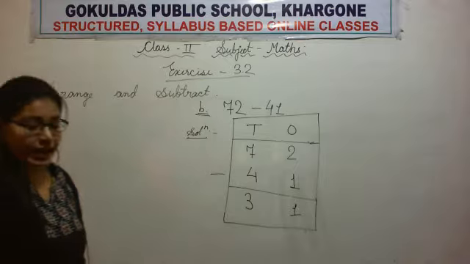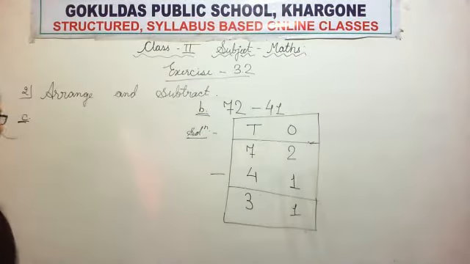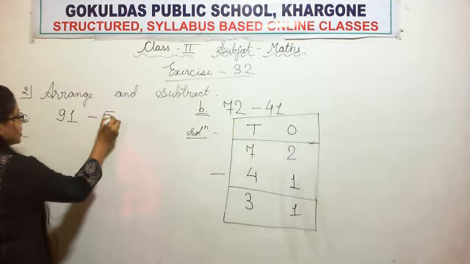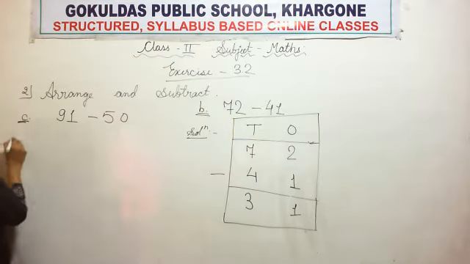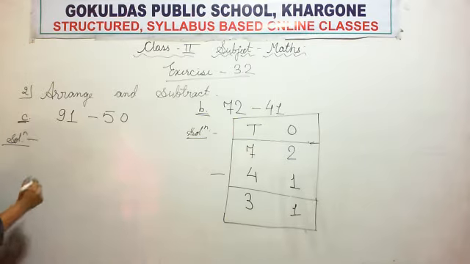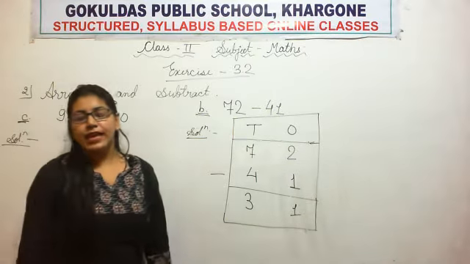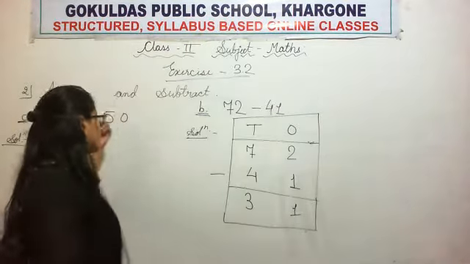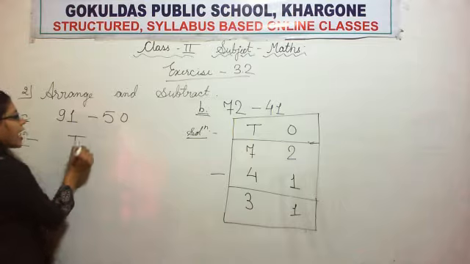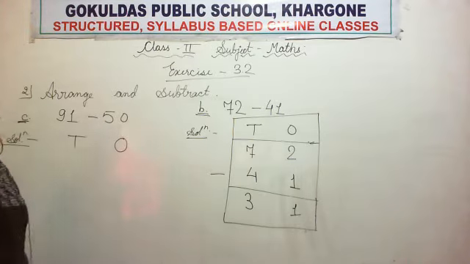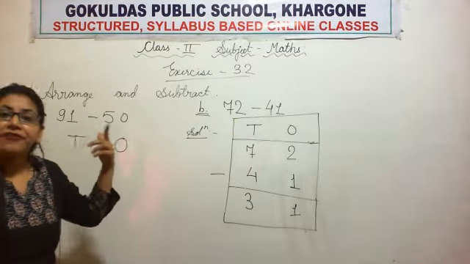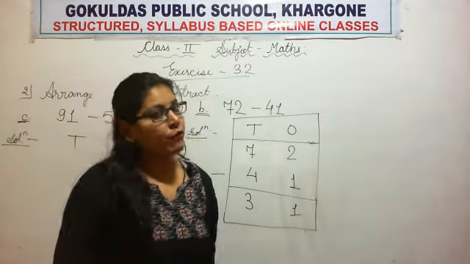Part C, 91 minus 50. So again we'll write solution, then we'll start solving. The very first step is writing ones and tens. So since 2 digits are there, let us write both the places. Now first of all we will find minuend and subtrahend before writing.